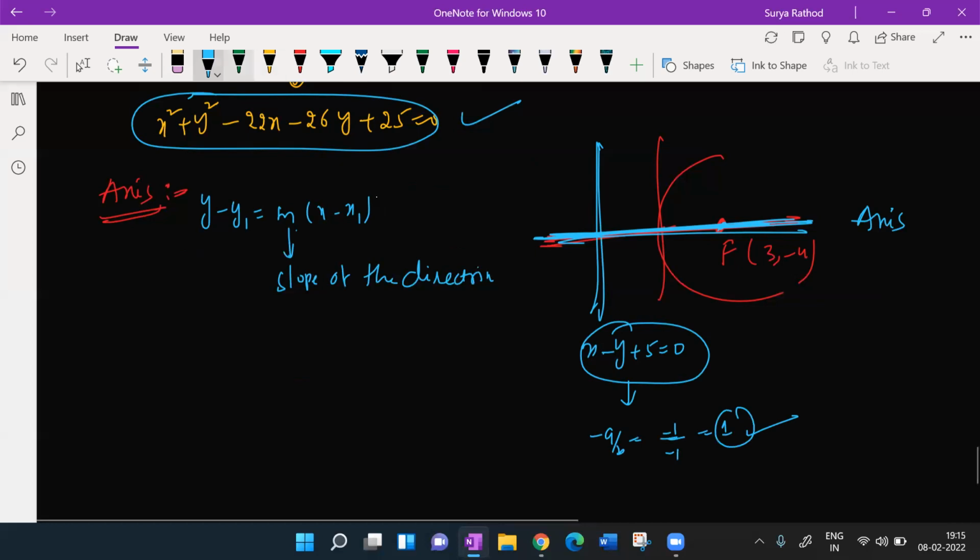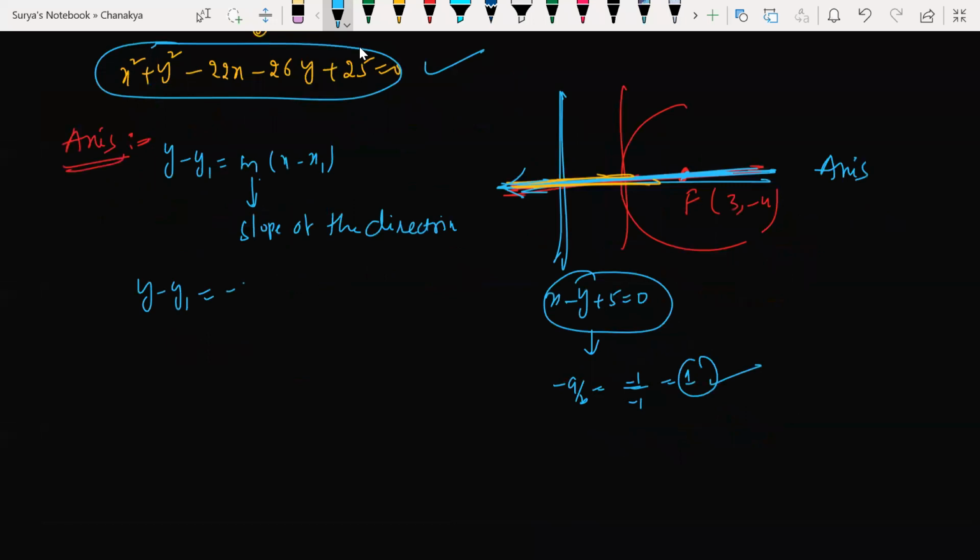But what we need here is the axis. How is the axis related to the directrix? The axis is perpendicular to the directrix. So what should my slope be now? If the slope of the directrix is 1, the slope of this line is going to be minus 1, because I am using the perpendicularity condition. As per the perpendicularity condition, the product of the two slopes is equal to minus 1.